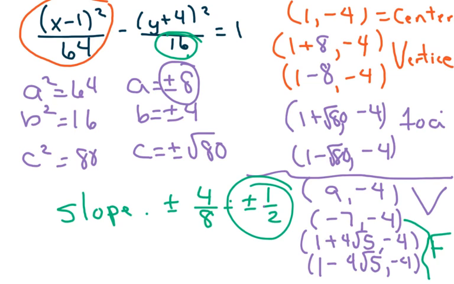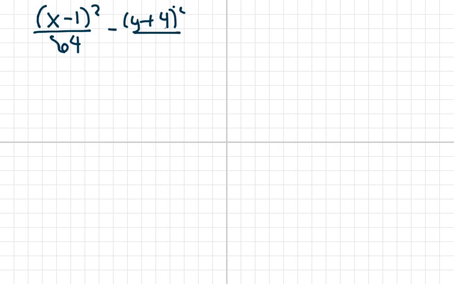So basically, let's graph it. And we have, let me write it down again. So x minus 1 squared over 64 minus y plus 4 squared over 16 equals 1.